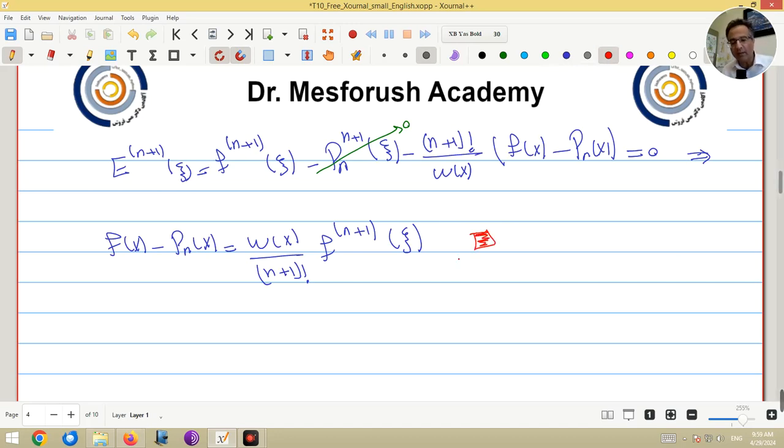This is the end of the proof. In fact, here I proved an error bound for the Newton interpolating polynomial. You can use this theorem if you want.